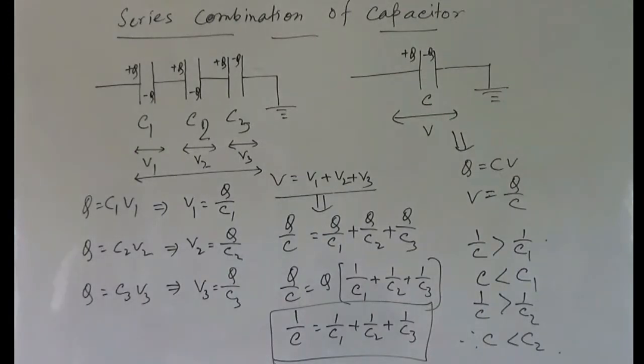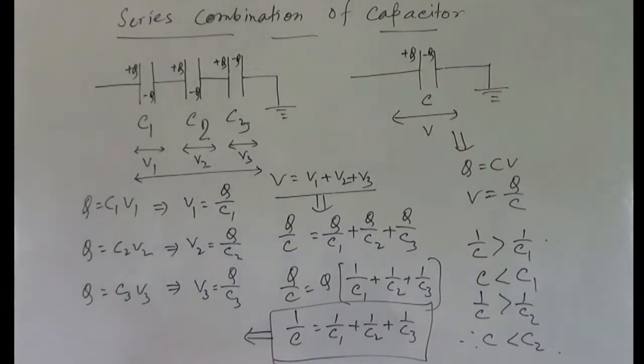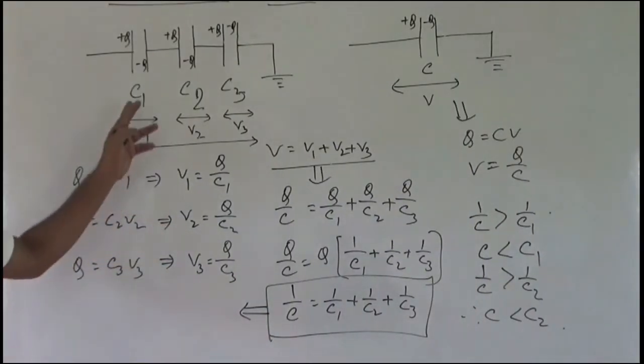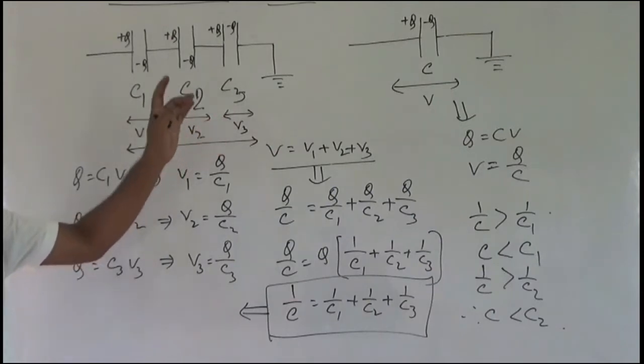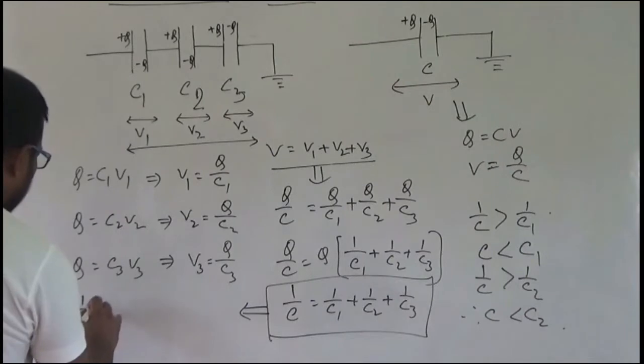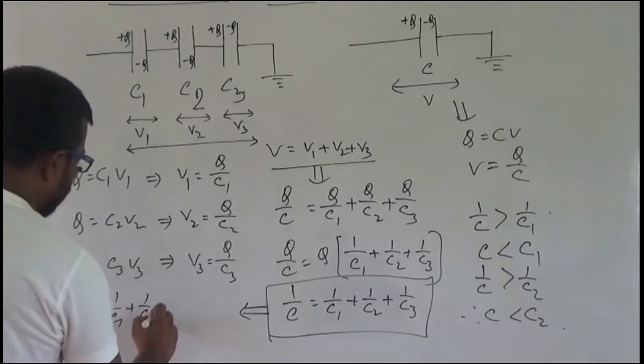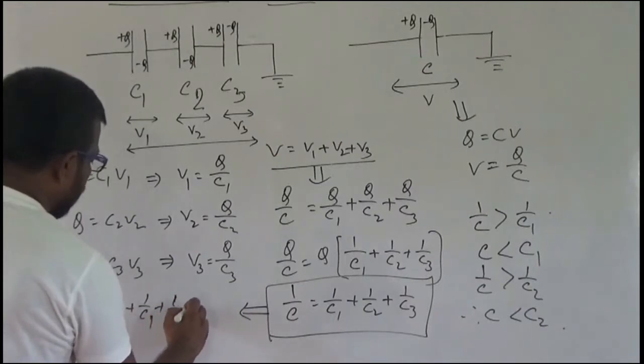This is one thing. Again, the second thing we can get from here is that if all capacitors have the same capacitance, then we can write 1 by C is equal to 1 by C1 plus 1 by C1 plus 1 by C1 plus dot dot dot.